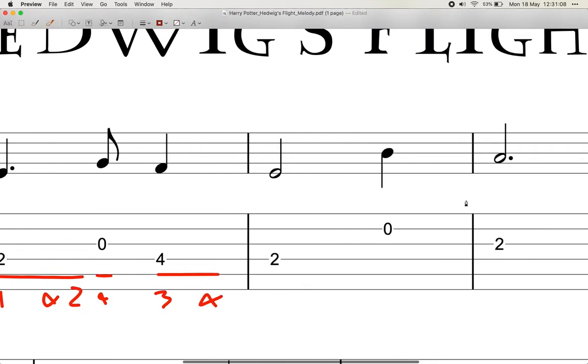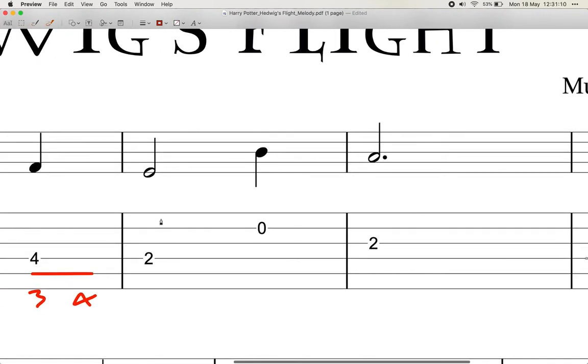Okay, we've got some more kinds of notes here. We have a minim or a half note. This goes for 2 beats. So how many of these little half beats is it going to go for? Well, we're going to times it by 2 and get 4.